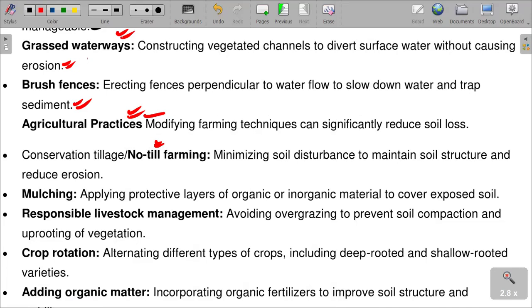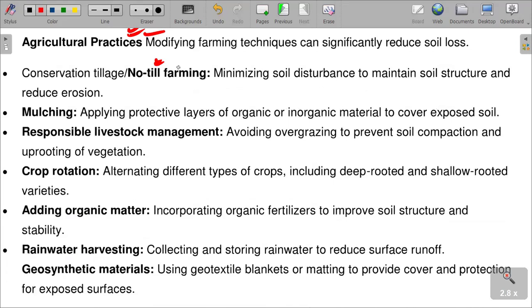They can only plant vegetation where they want to plant their crops, but not till the land. So the soil structure and the soil compactness is not disturbed, and at the same time the grass cover and vegetation cover around that place ensures there is reduced soil erosion.